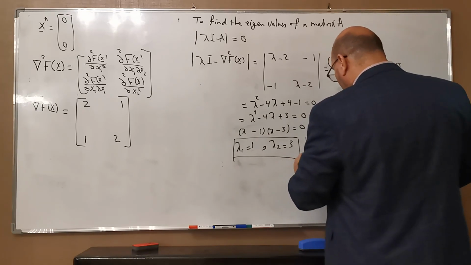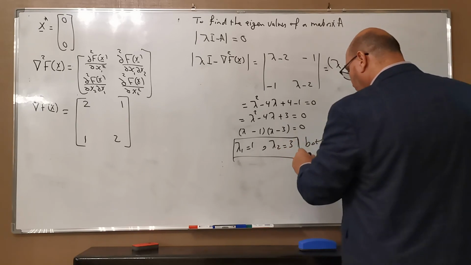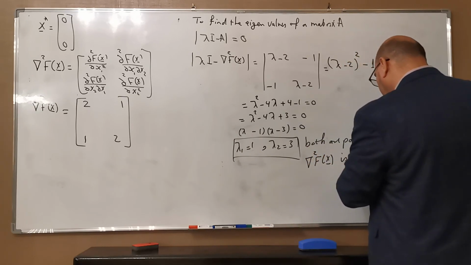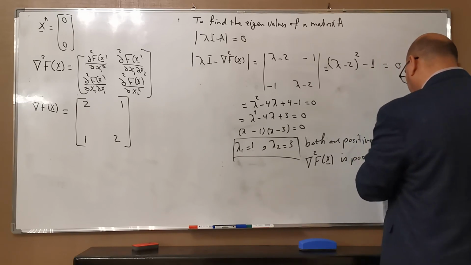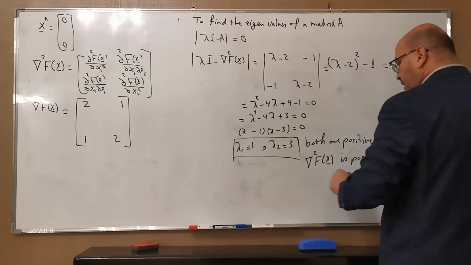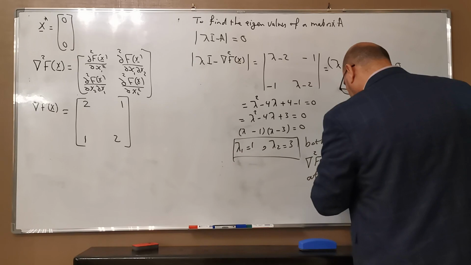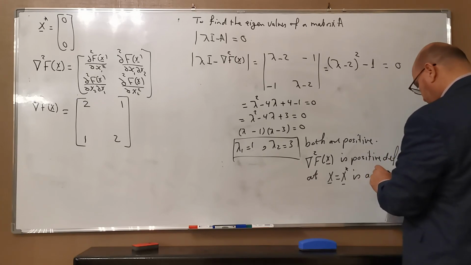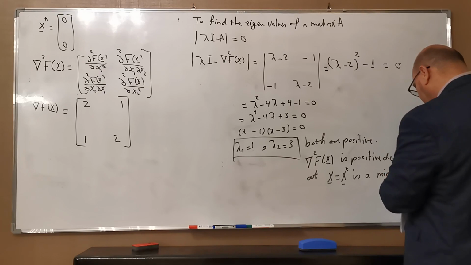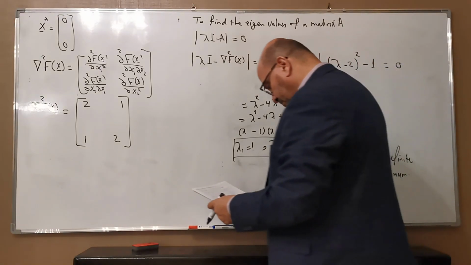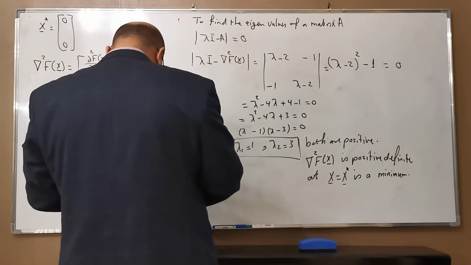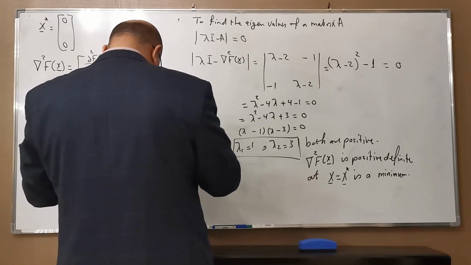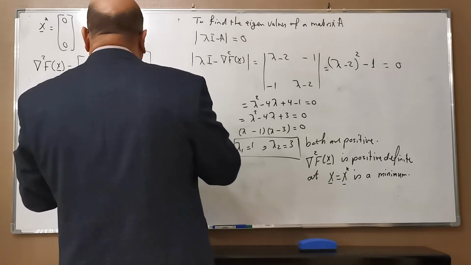And this means that our Hessian is positive definite, and x star equals 0, 0 is a minimum. Okay?